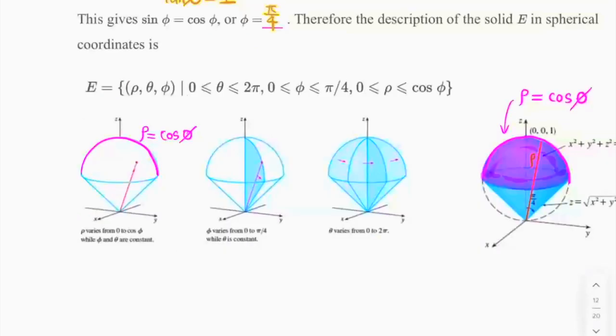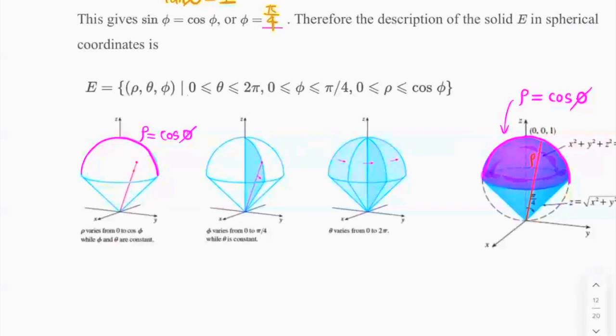So in this figure over here, we can see how this solid is swept out by first letting rho go from 0 to cosine of phi. Remember, rho equals cosine phi is the equation for this surface, the upper sphere over here. At this time, we keep phi and theta constant.